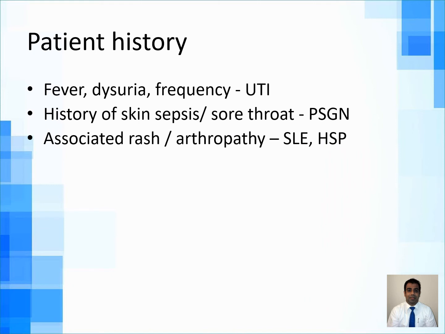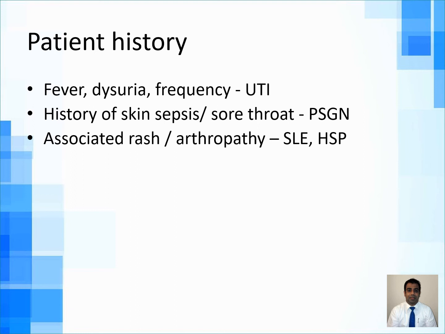If the hematuria is associated with an arthropathy or arthritis, and there is also accompanying rash, like a malar rash in lupus, or there can be alopecia, and oral ulcers, think of SLE. There can be a vasculitic rash in the extensor surfaces and the buttocks, then think of Henoch-Schönlein purpura.